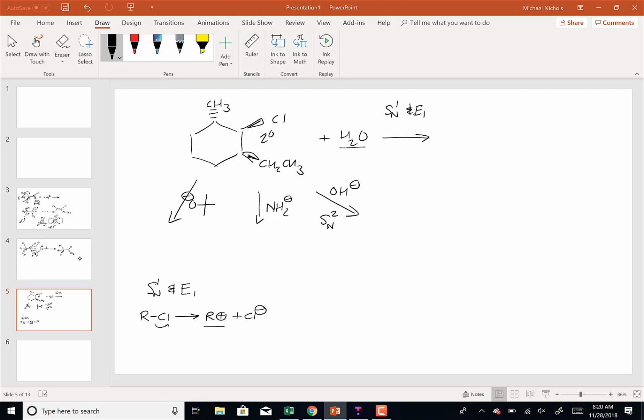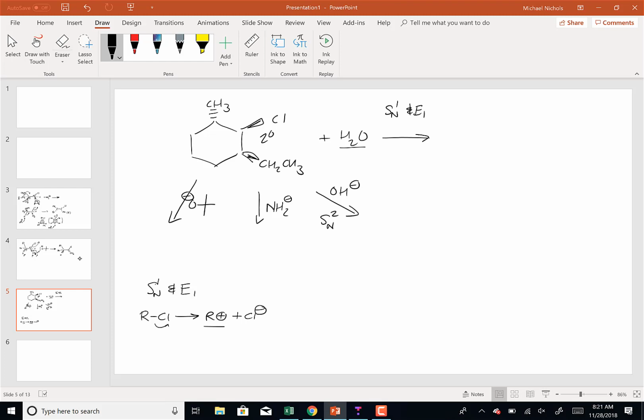And then the question is, do you lose a beta hydrogen to get the double bond, or does the nucleophile add to the carbocation? So that's why they're linked together. But SN2 and E2 are totally separate. Right at the moment, there's nothing connecting the two of them.